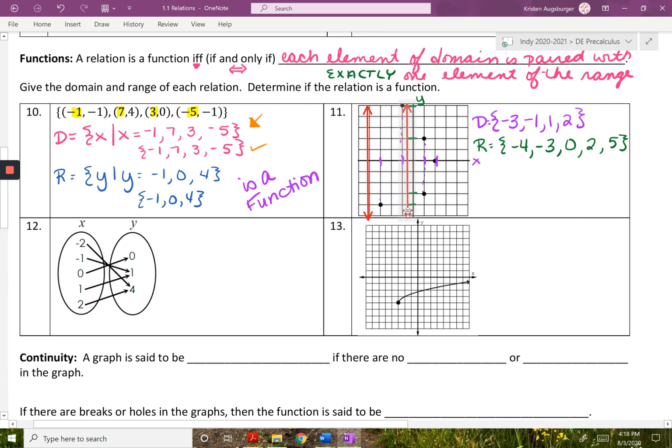I'm good here. And here's a problem. There, I have an x value where the line crosses two y values. It is not a function.